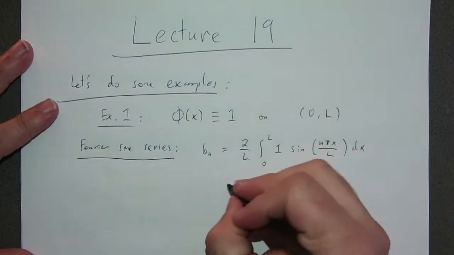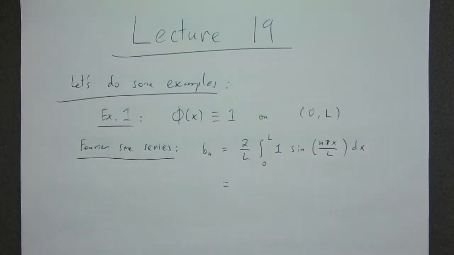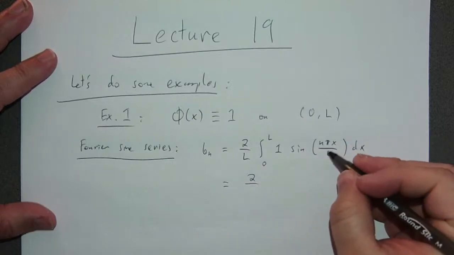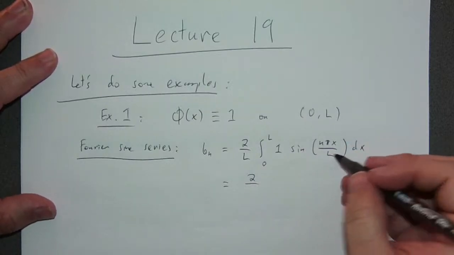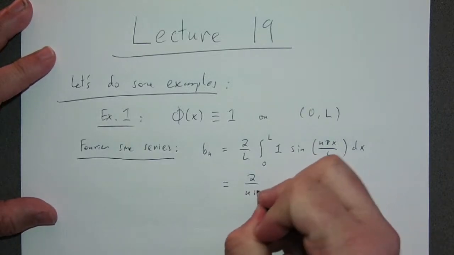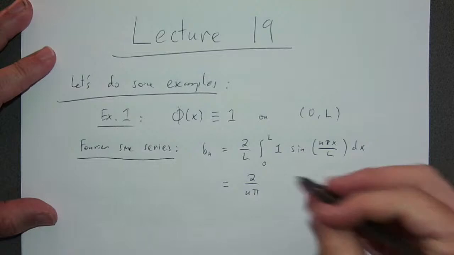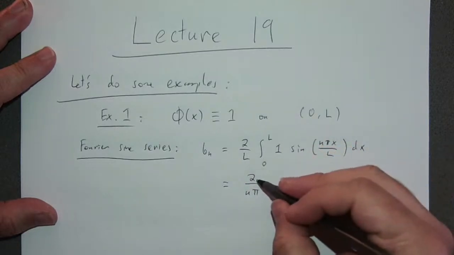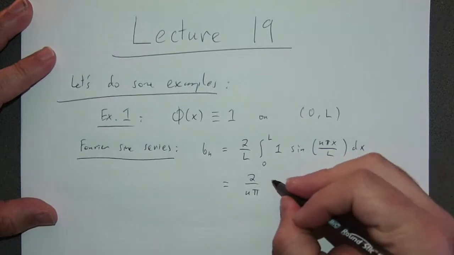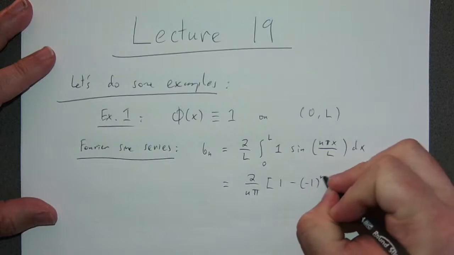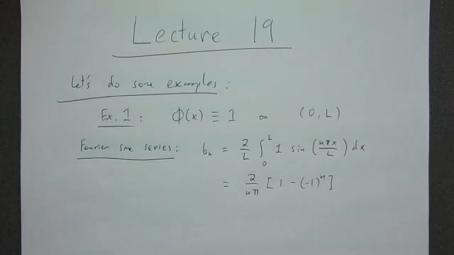If I directly integrate this, I have an n pi over L here, and the L cancels with this L, so this is 2 over n pi times 1 minus minus 1 to the n, right?